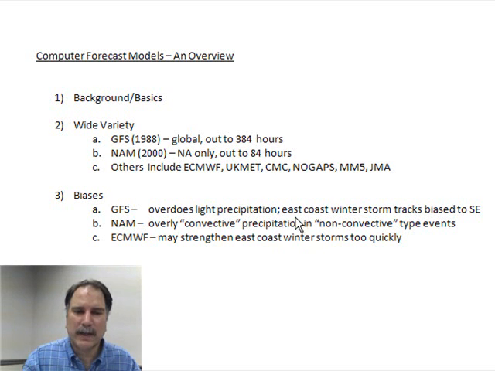GFS has also been known in some cases to have, for example, a southeast bias in the East Coast storm track. A couple of winters ago in February of 2010, when DC and Philadelphia got hit with major snowstorms, maybe 3, 4, 5 days before the event, the GFS may have had the low pressure system going only so far up the coast, maybe up to southeastern Virginia.